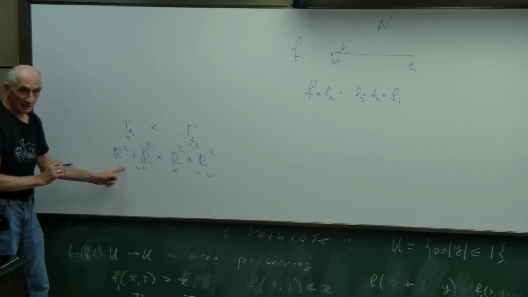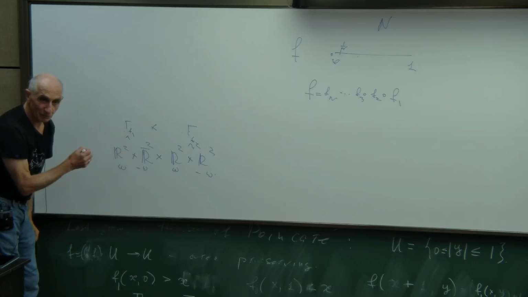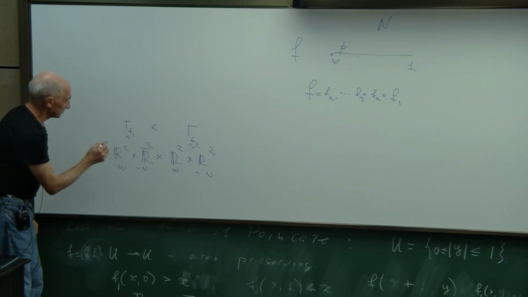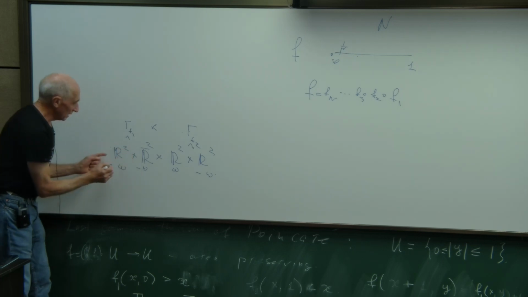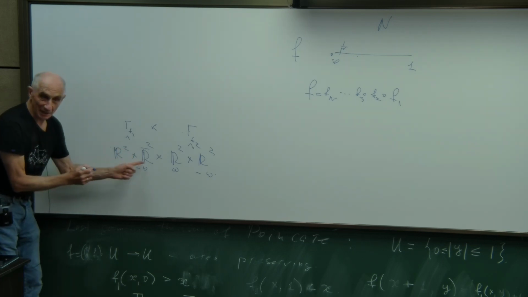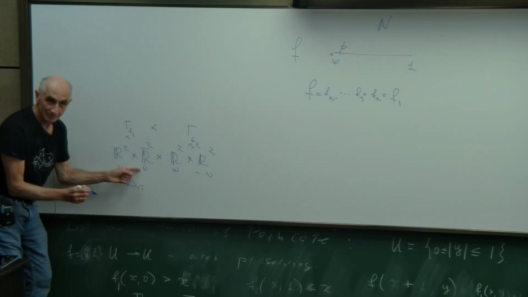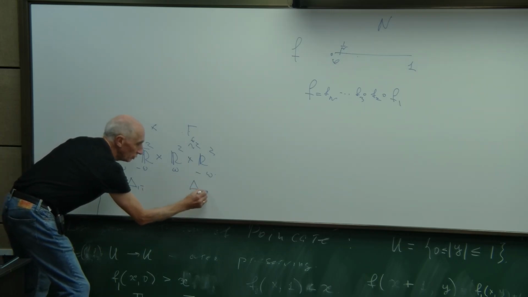Now I want to understand where my fixed point is in this case. So we also have some diagonals. Let me call this diagonal delta 1 1 bar. Then you also have the diagonal delta 2 2 bar.